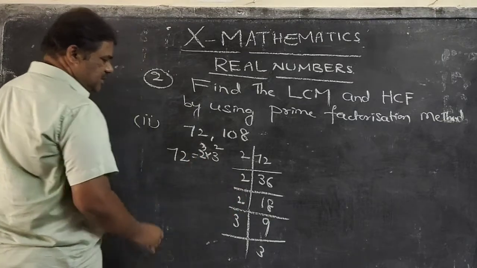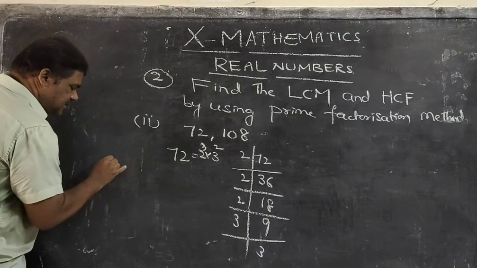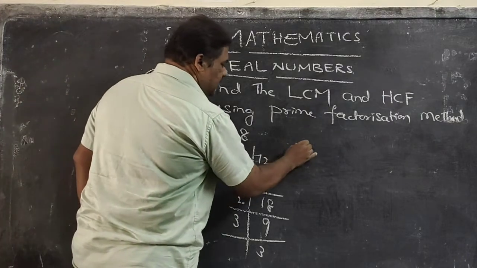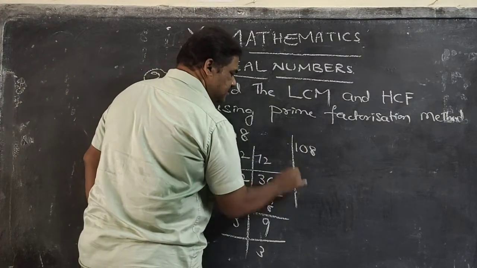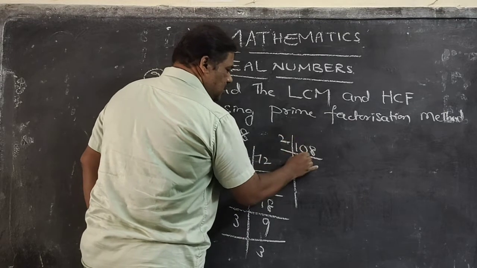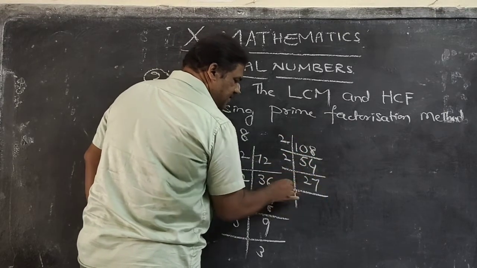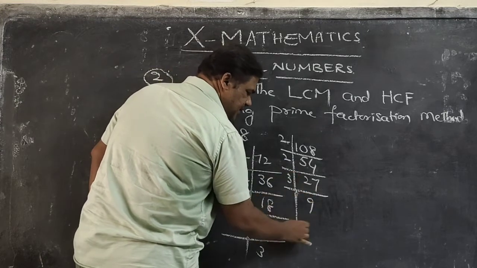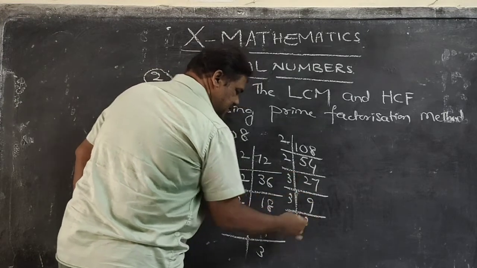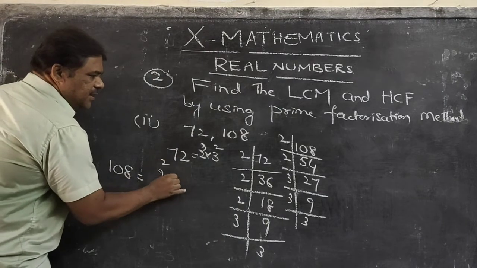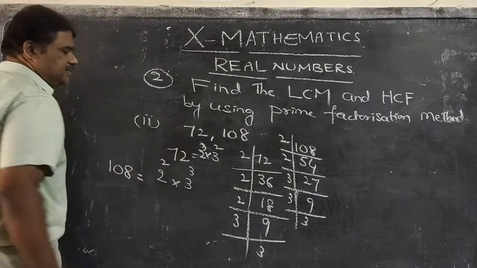Now 108. Let us take factors of 108. 2 54s, 2 27s, 3 9s, 3 3s. So 108 factors are 2 square into 3 cube.